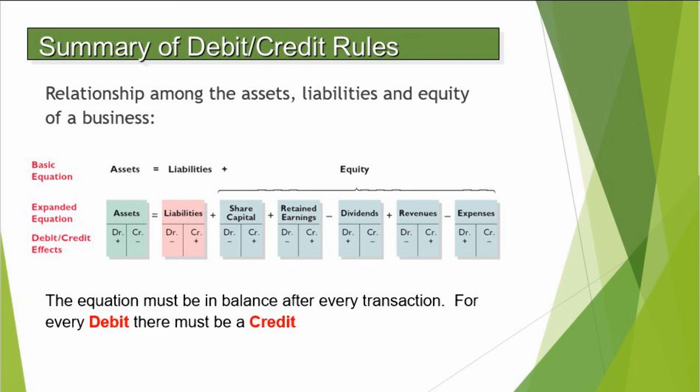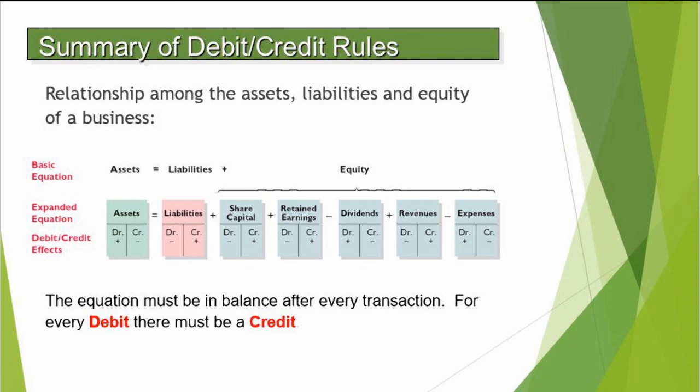What is increase? What is decrease? Share capital, retained earnings, and revenue will increase on credit, but dividend and expense will decrease on credit.